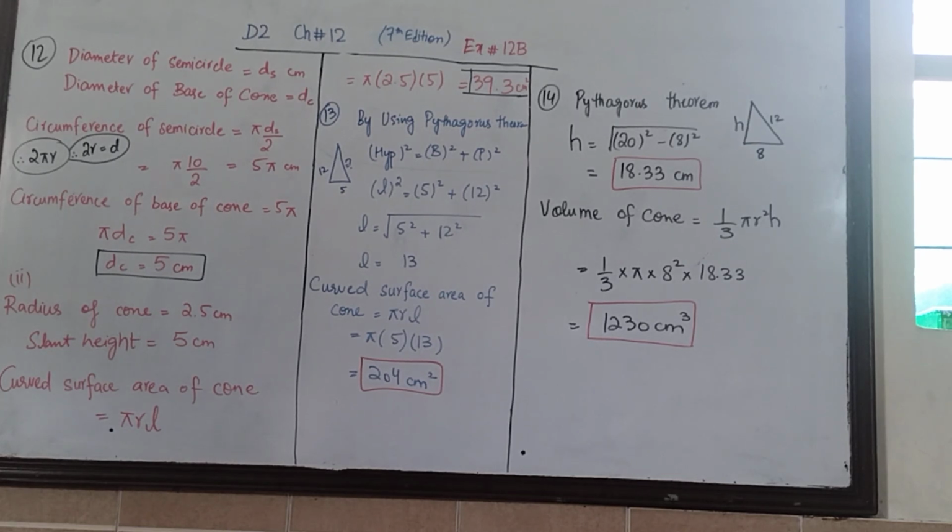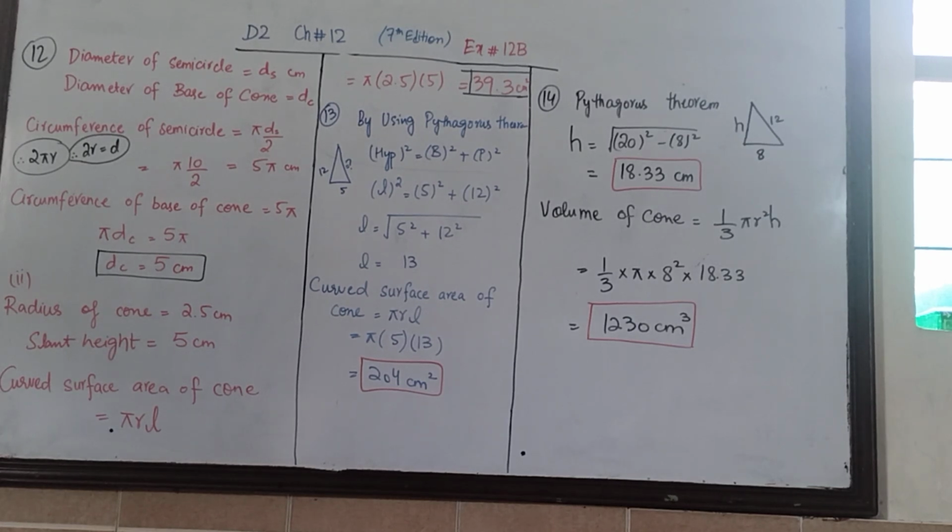Here we are given two diameters: the diameter of a semicircle and the diameter of the base of the cone. For the diameter of the cone, we represent it with dc, and for the diameter of the semicircle, we represent it with ds. Circumference of a semicircle. The circumference formula of a circle, which you all know, is 2 pi r, for the whole circle.